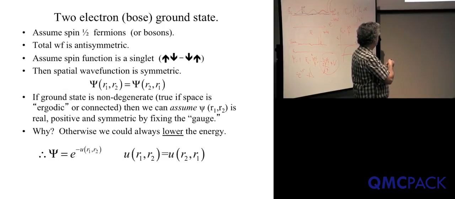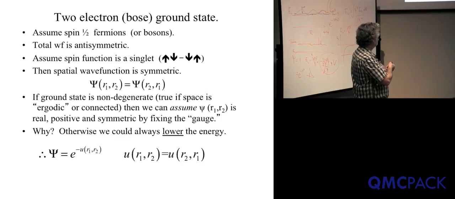And if the ground state is non-degenerate, we can assume that the wave function is real, positive, and symmetric. You can prove this, basically. So for two electrons, for example a helium atom, we can assume that the wave function has this form, where u is a real function that is positive.